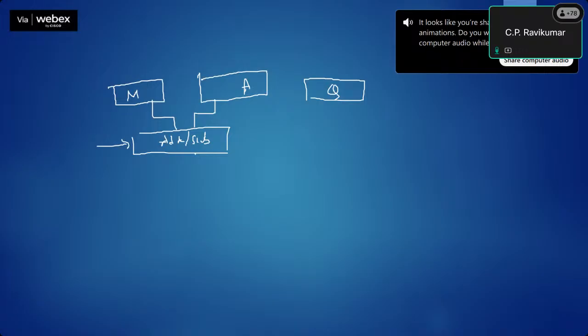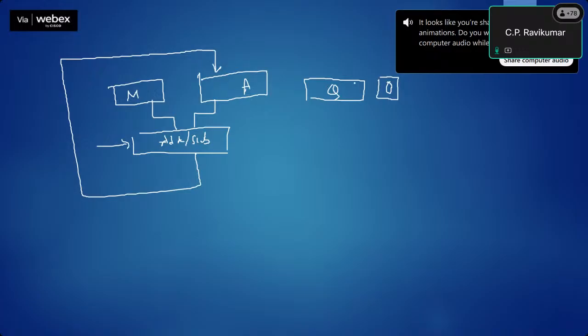The result of the add or subtract goes back to the accumulator. There is a 1-bit register that we keep here, which is initialized to 0, and we compare that with Q0.